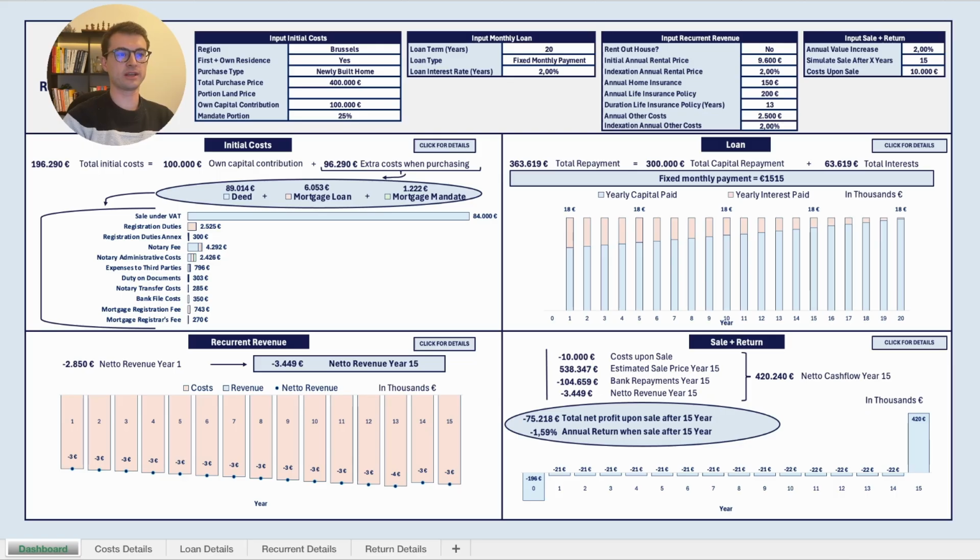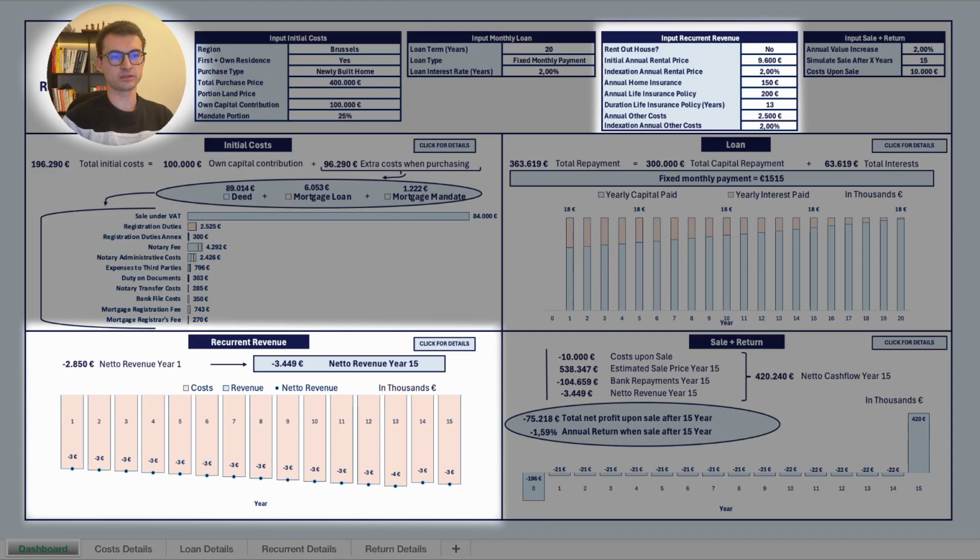Then the third block is the recurrent revenue and costs, and these are your ongoing cash flows. It goes from your rental income towards costs like property taxes, maintenance, insurance, and other regular costs. This block helps to see whether your investment can generate positive cash flow and if it can potentially cover for the monthly loan payments that you make.